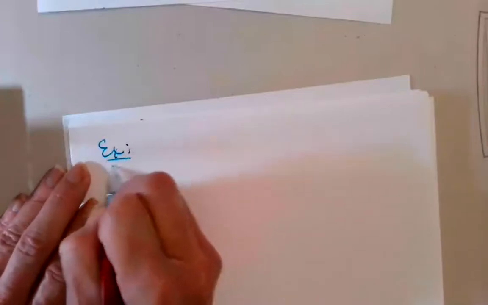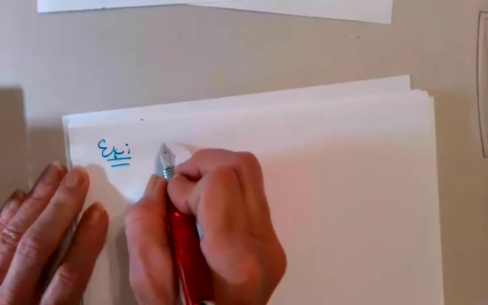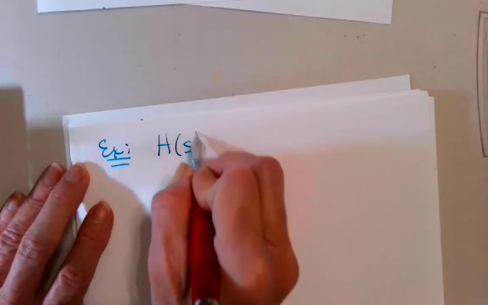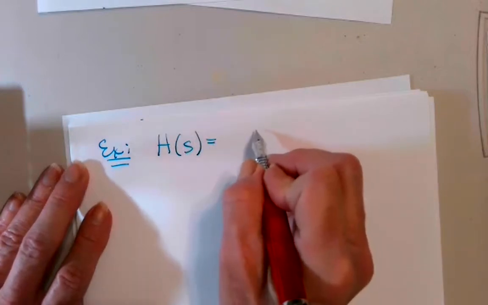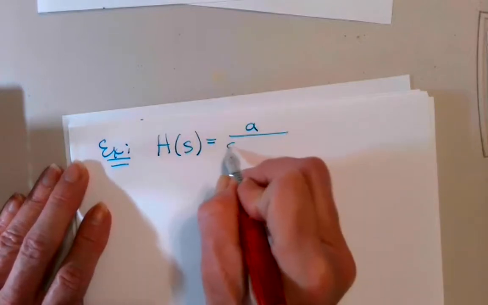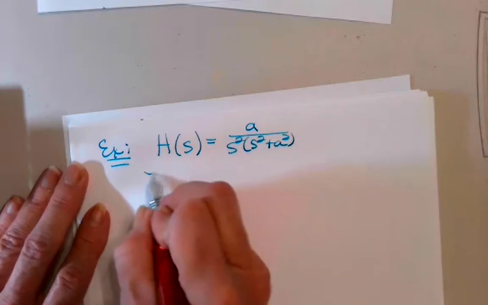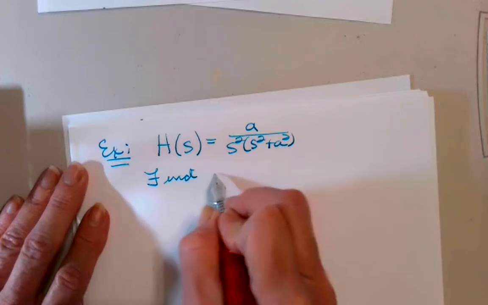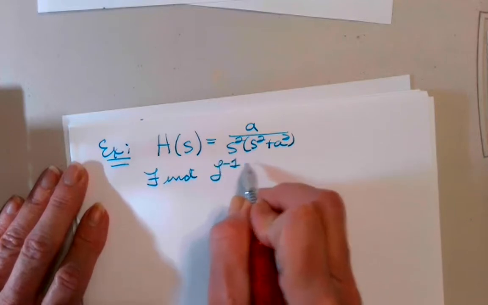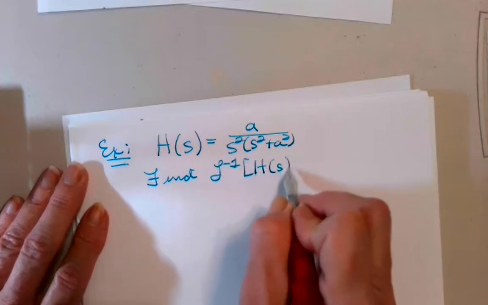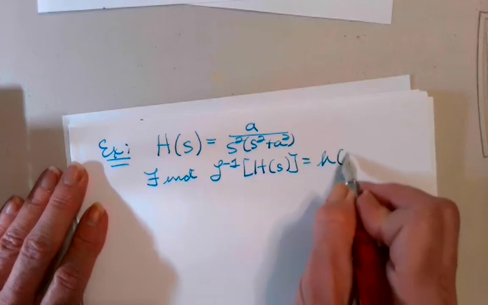So for example, suppose you are asked, here's H of s. It is a over s squared plus a squared. Find the inverse Laplace transform of H, which we'll call little h of t.